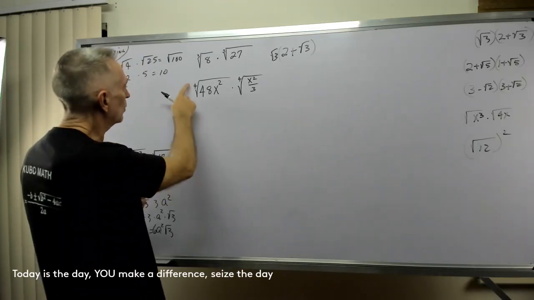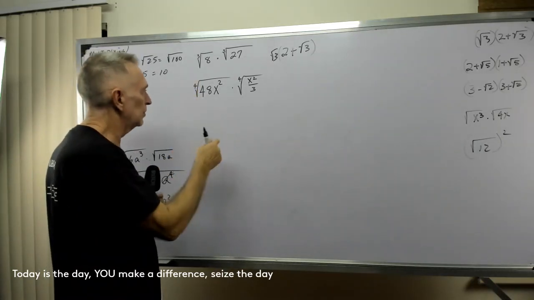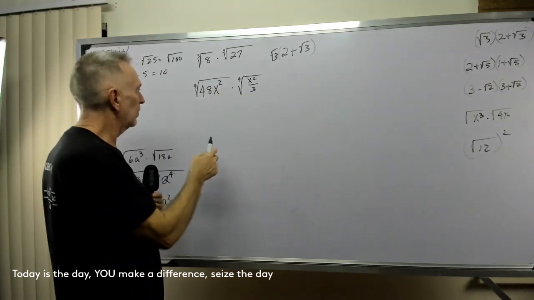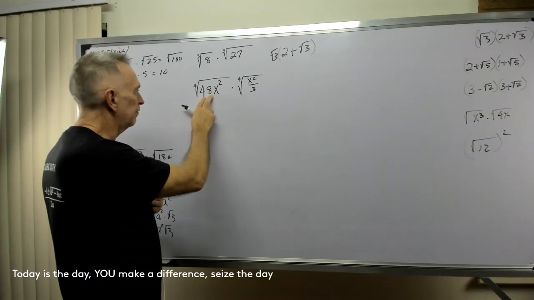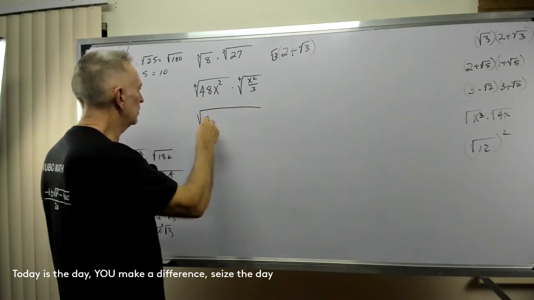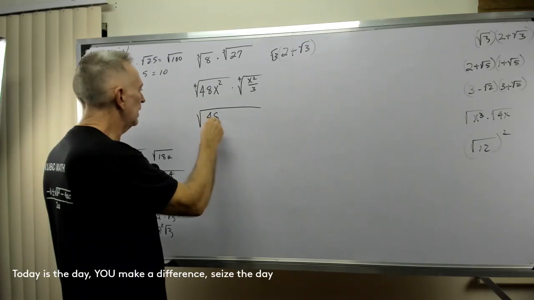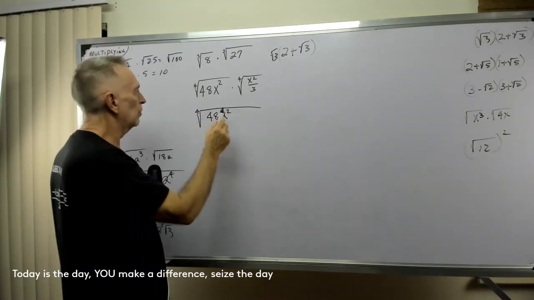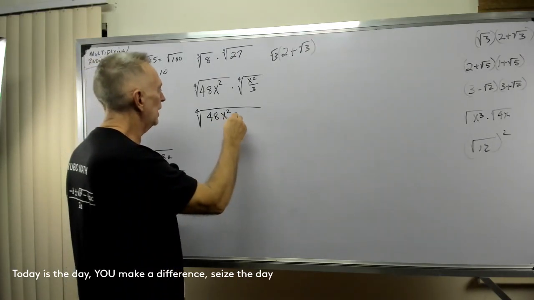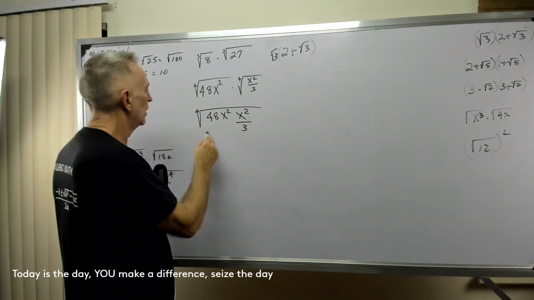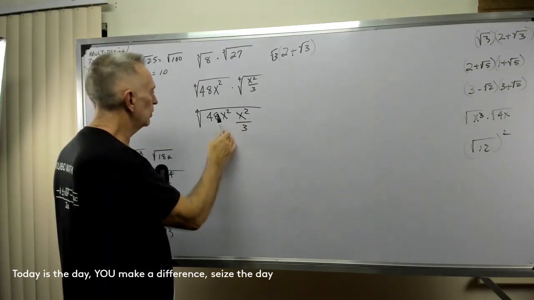Okay, well, I'm going to take the fourth root of it. So actually that works out well that it's going to be to the fourth power. Then I'll have 48 over 3. So let's put these all together. So it's the fourth root of 48 x squared times x squared over 3.